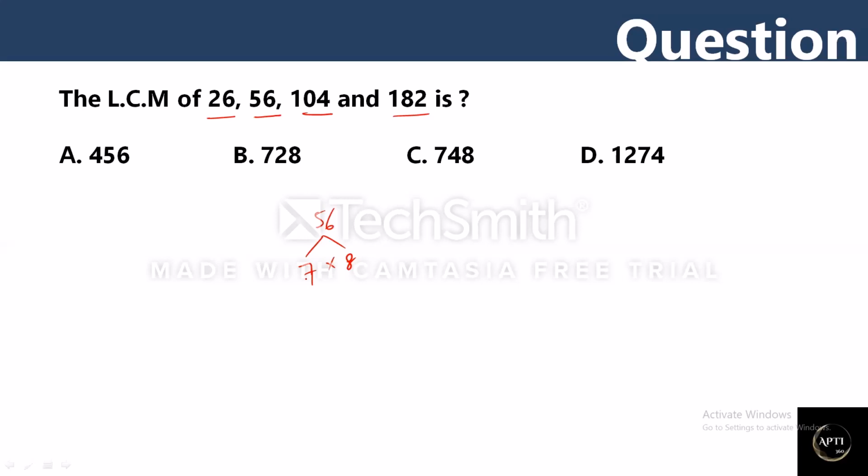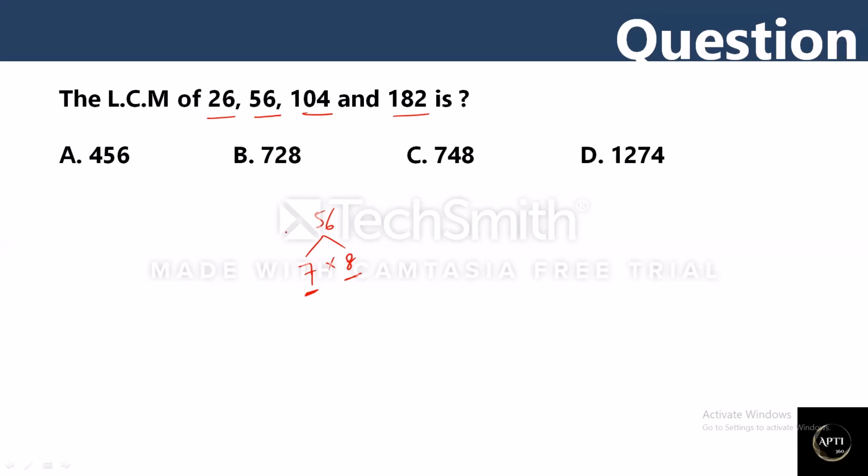For students who don't know how to calculate the highest common factor, HCF, you can go through the videos I have already posted on the channel on how to calculate HCF in a shortcut way, and clarify your doubts. So 56 is 7 into 8. Here we need to check whether the given options are divisible by 7 or by 8. What is the divisibility rule of 8?